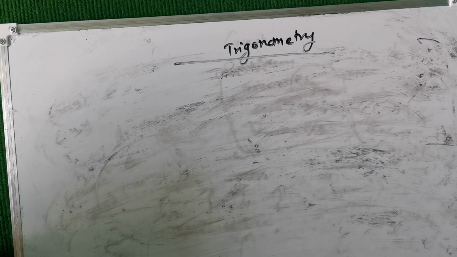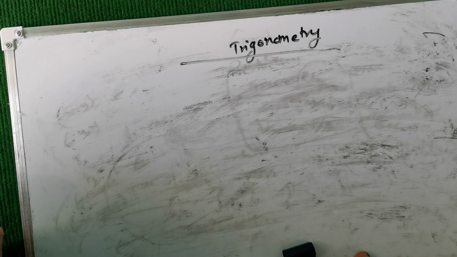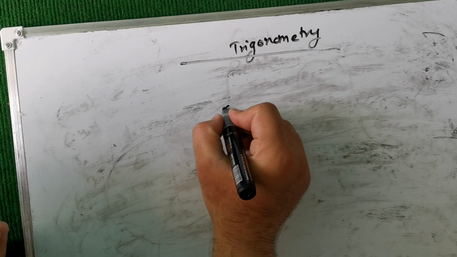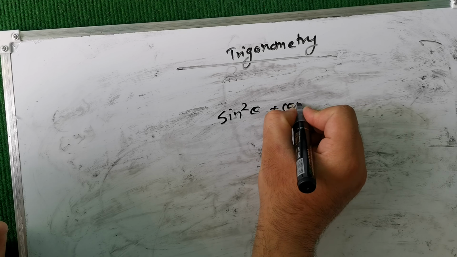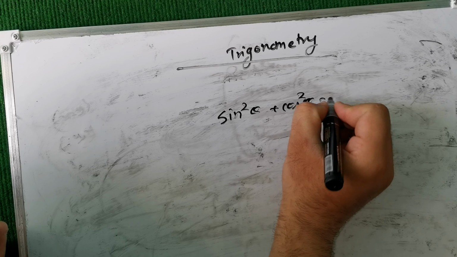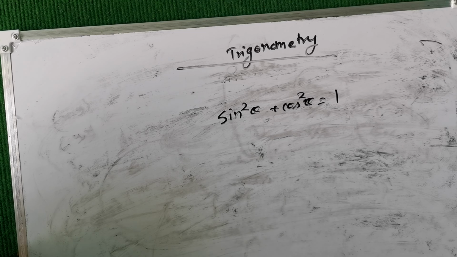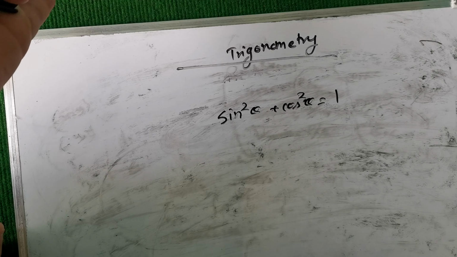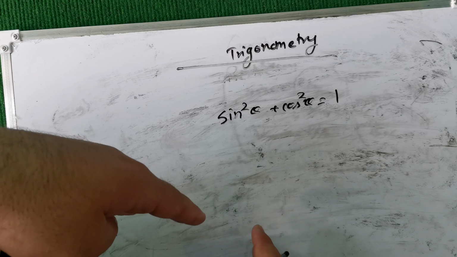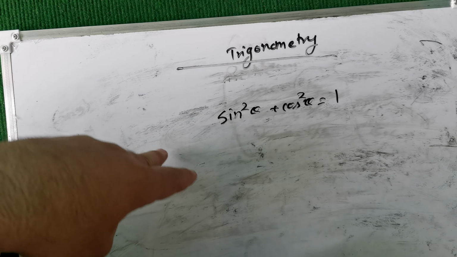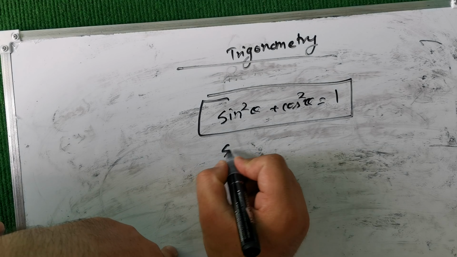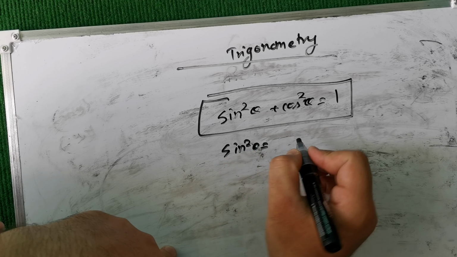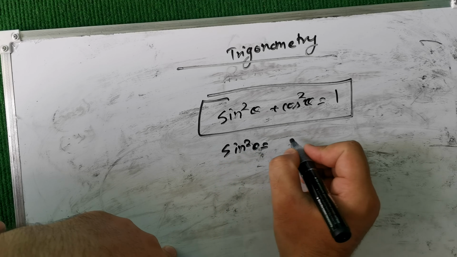Okay, now let's talk about sin square theta plus cos square theta is equal to 1. Again, if you want to know how it comes, then please tell me. I will make another video for this, but it won't come in your exam. You just have to remember for your exam: sin square theta is equal to 1 minus cos square theta.